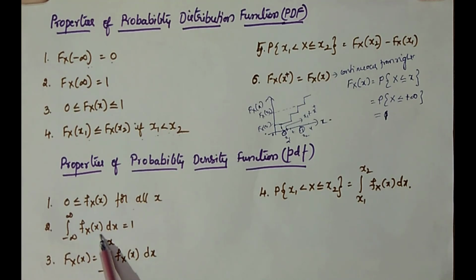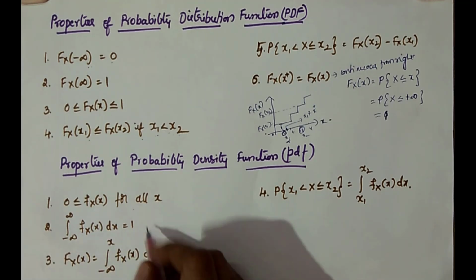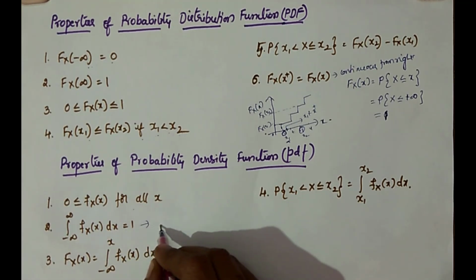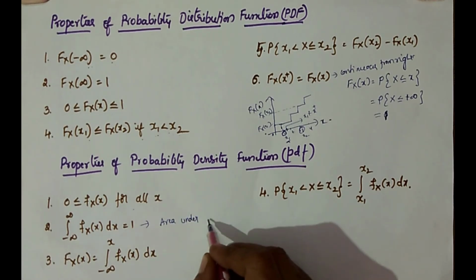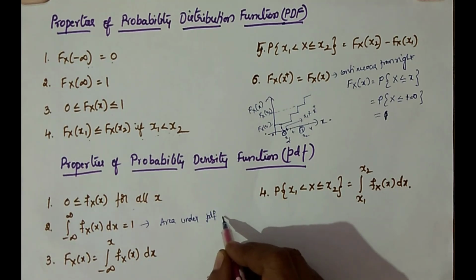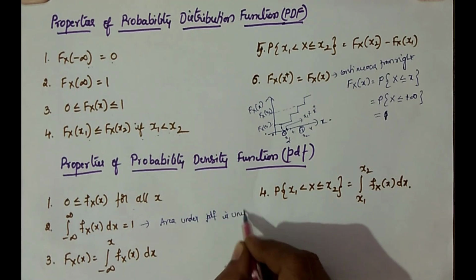Then see the second one, a very important property: the integral from minus infinity to infinity of f_X(x) dx is equal to 1. The statement of this is that the area under the probability density curve is unity.